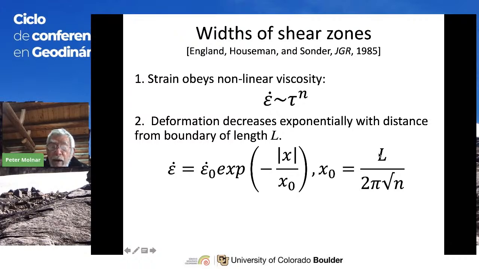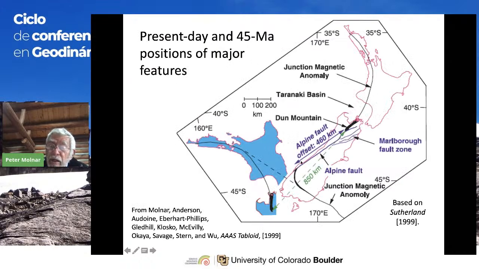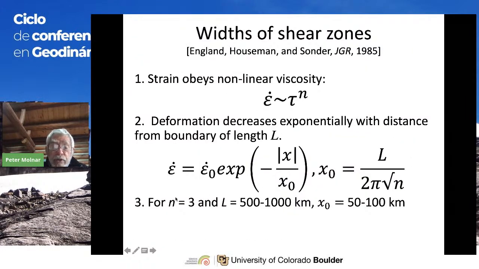And the length of the boundary is at least the length of the Alpine Fault, at least 500 kilometers, and could be 1,000 kilometers, taking the entire width of this zone to be more than 850, something like 1,000 kilometers. If we take those numbers, n equals 3, let the length be 500 to 1,000 kilometers, we predict this e-folding distance to be approximately 50 to 100 kilometers. And that's essentially what we're observing.